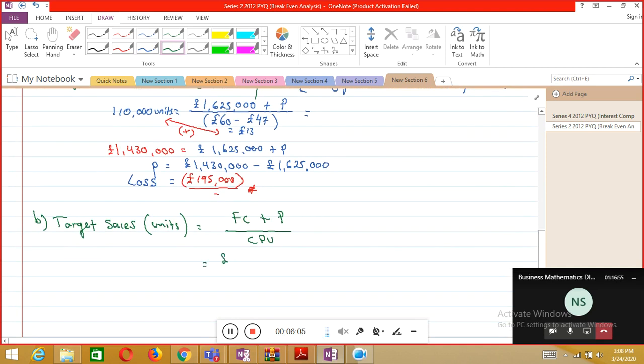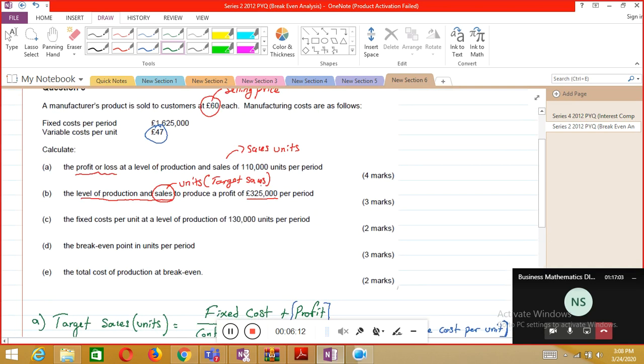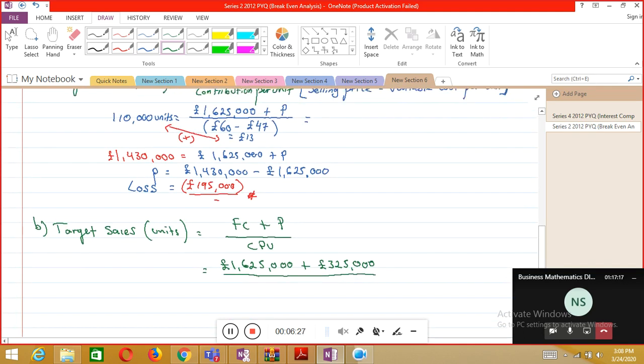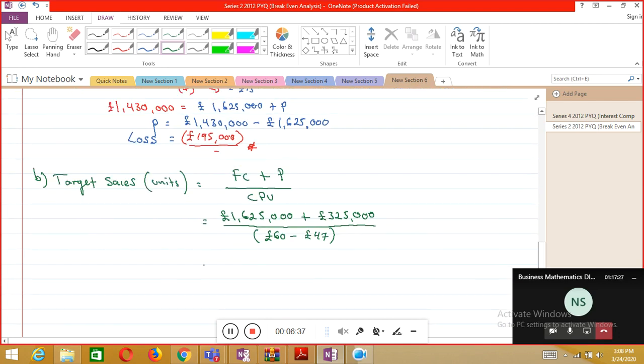So your fixed cost is 1,625,000 plus profit, taken from the question, 325,000, divided by CPU, still the same, 60 minus 47. Then please calculate how many thousand units, guys.